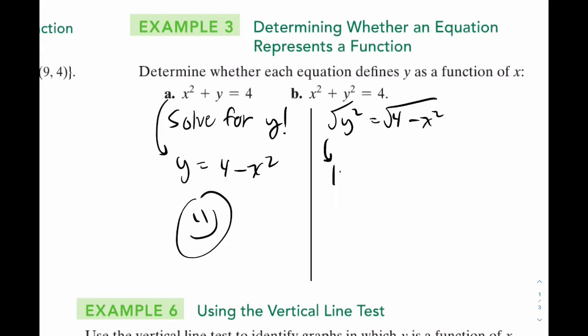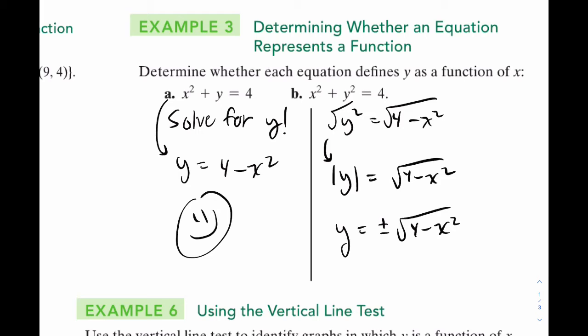This is going to be the absolute value of y, and that's 4 minus x squared. And that's important because the absolute value creates a plus or minus situation where you get 4 minus x squared. So right here, this plus or minus means if you plug in some value for x, it's going to generate two y values. So that is going to make it not a function.